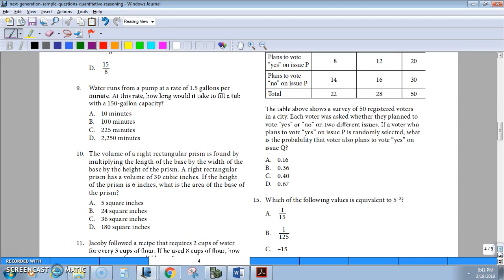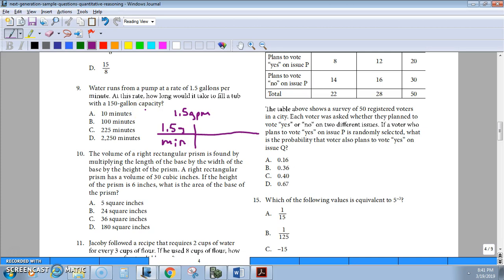Question 9. Water runs from a pump at a rate of 1.5 gallons per minute. At this rate, how long will it take to fill a tub with 150 gallon capacity?